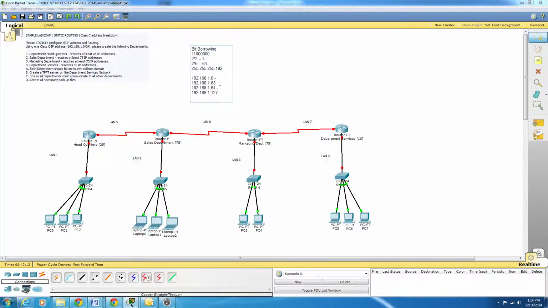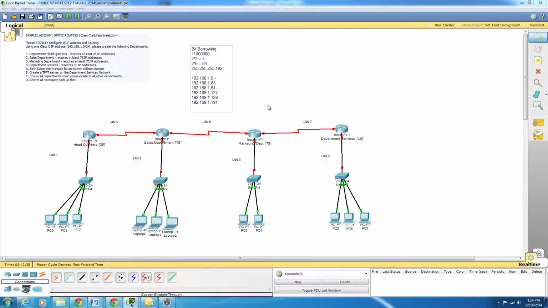The third would be 192.168.1.128, and that one would go up to, let's add another 63 to that, 192.168.1.191, and that would be the third block.